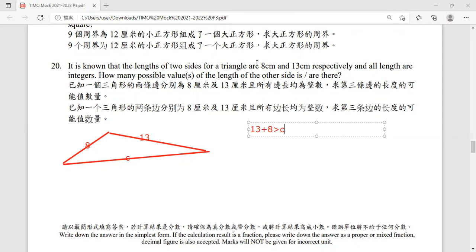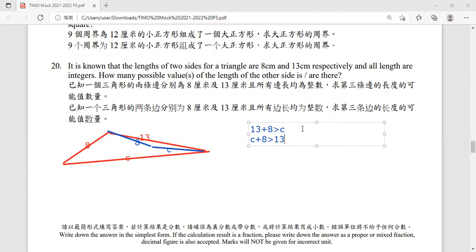Or in the other case, if the triangle is something like this one, and this is 8, and this is C, then we also have C plus 8 is greater than 13. So we have these two, because every two sides of a triangle added is longer than the third side.